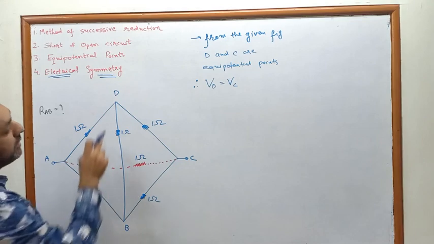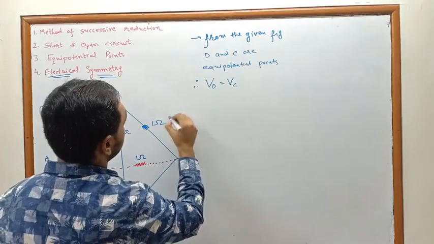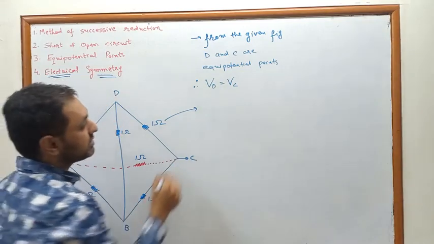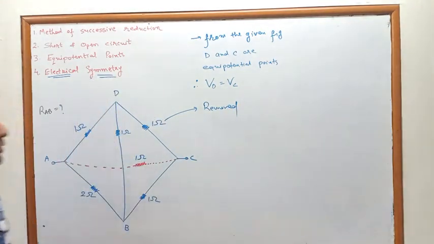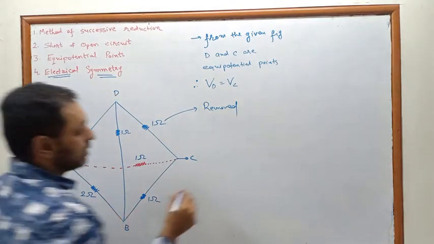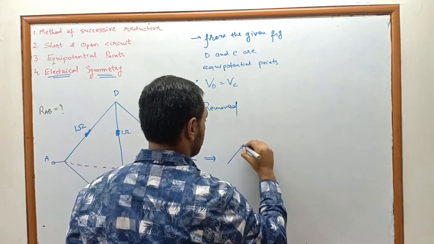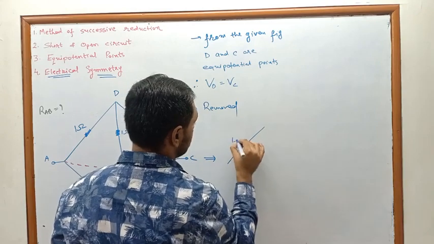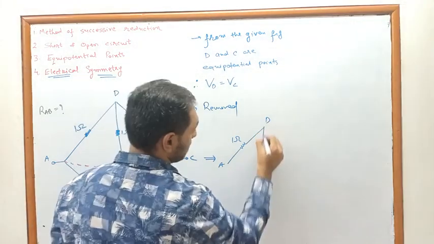And if D and C are equipotential points, in that case, this 1 ohm resistor can be removed. So the equivalent circuit will be like this. This is 1 ohm, point A, point D.